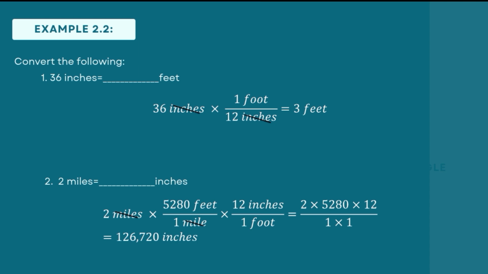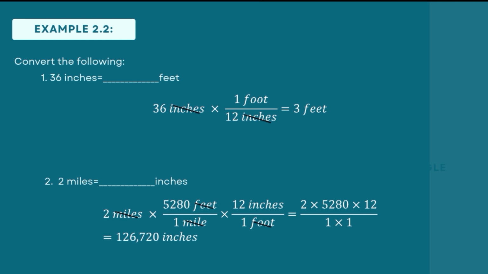And then to convert the feet to inches, we will multiply it by its dimension, which is 1 foot is equal to 12 inches. So we will put 1 foot in the denominator to cancel the word feet, and then 12 inches in the numerator. Canceling feet, what will be left is 2 times 5,280 times 12 over 1 times 1.